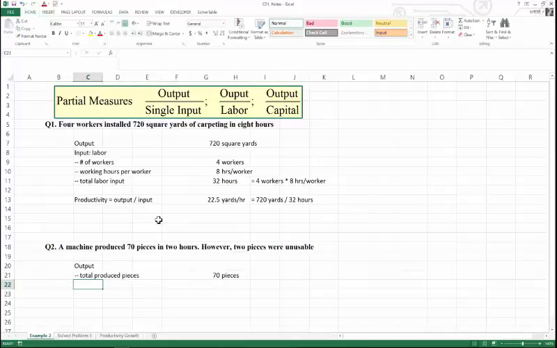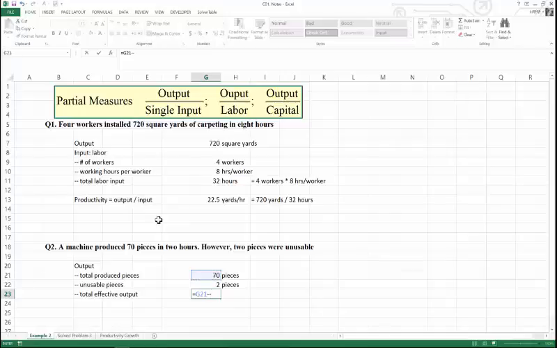But among this 70, there are unusable pieces, which is 2 pieces. Then the total effective output is equal to the 70 total minus the 2 unusable.